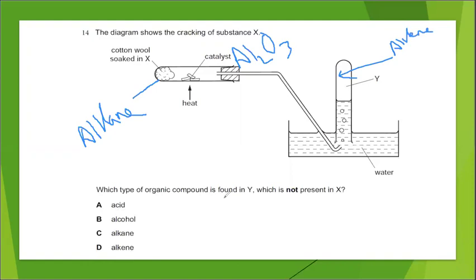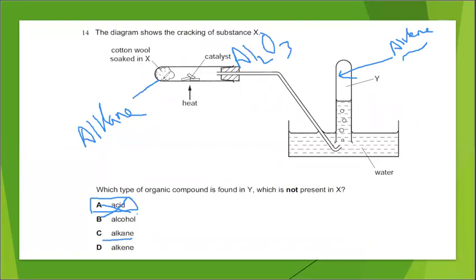What type of organic compound is found in Y, which is not present in X? The alkene. Acid? No, it wouldn't be an acid. We do not need acids yet. Alcohol? No, in order for us to get an alcohol, we need steam, water vapor, and we add that to the alkene to give us the alcohol.